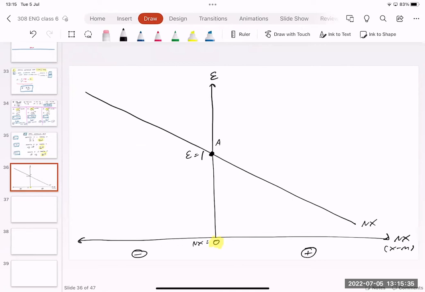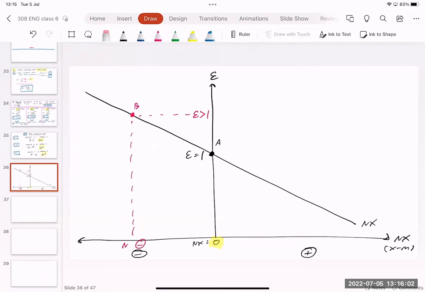Point B, for example, here. Every time epsilon is greater than 1, what does it mean? It means that the product in our country is more expensive. We're going to export less and import more. The trade balance is going to be negative, and NX is going to be negative.